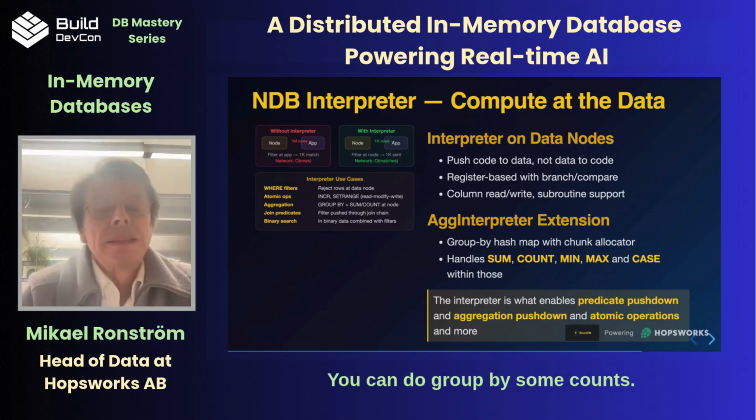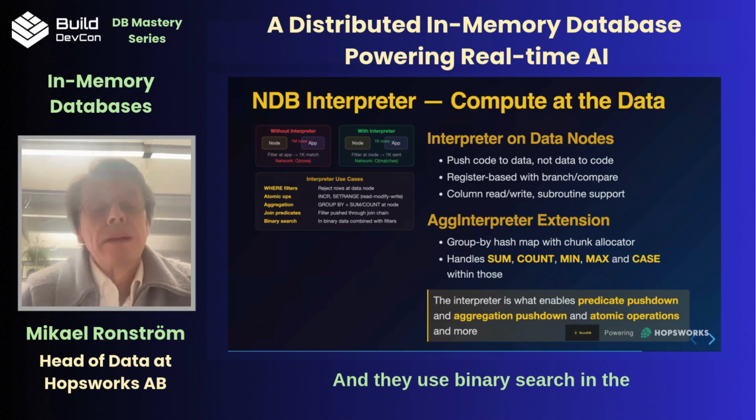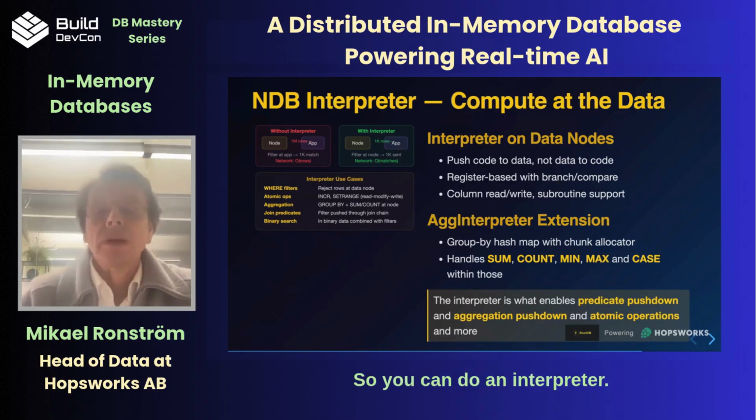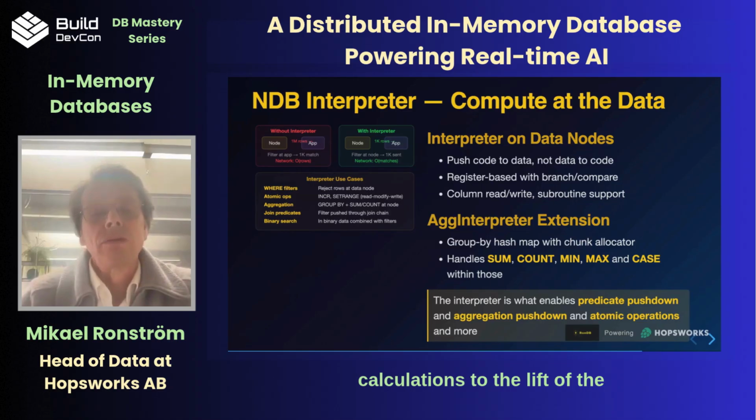You can do group by, sum, count. You can do filters in the join predicates. You can even do binary searches. We have a community user that runs a graph database on top of RonDB, and they use binary search in the binary data, and they use the interpreter for that. The interpreter is very useful in order to push down calculations to the left of the system.